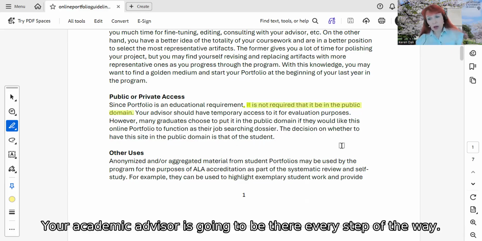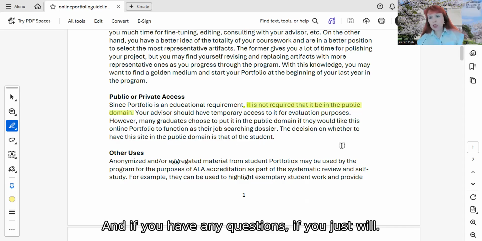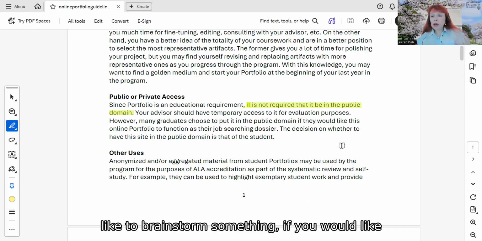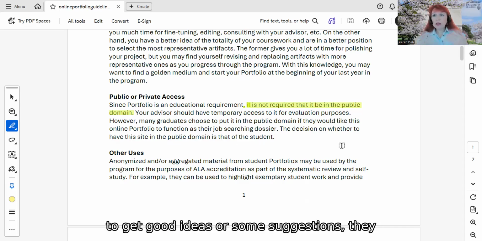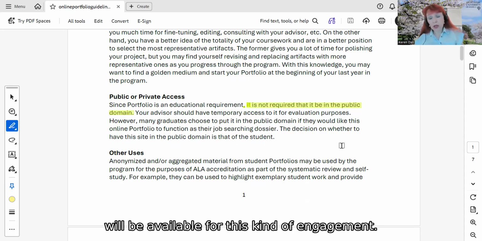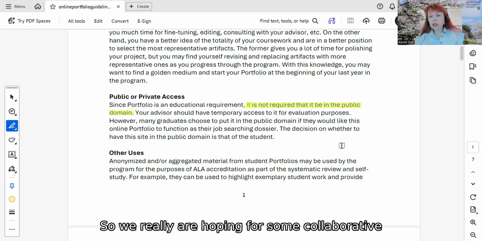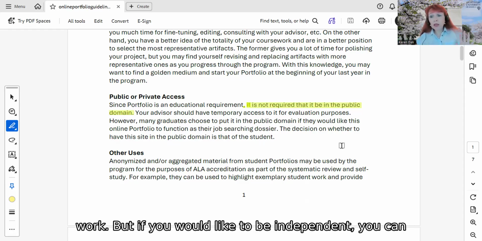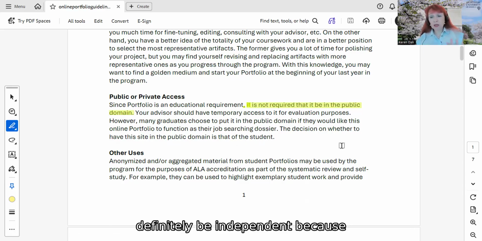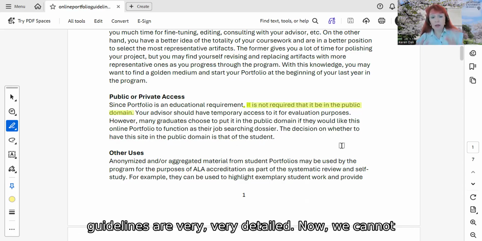Your academic advisor is going to be there every step of the way. And if you have any questions, if you just would like to brainstorm something, if you would like to get good ideas or some suggestions, they will be available for this kind of engagement. So we really are hoping for some collaborative work. But if you would like to be independent, you can definitely be independent because guidelines are very, very detailed.